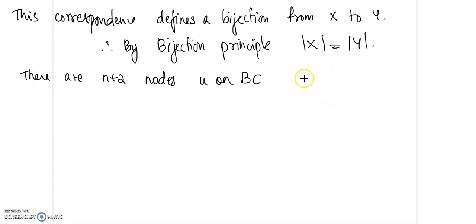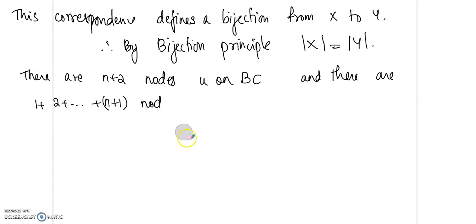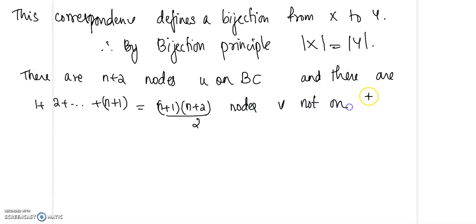And there are 1 plus 2 plus etc. plus n plus 1 nodes, which is equal to n plus 1 into n plus 2 by 2, so these many nodes V not on BC.